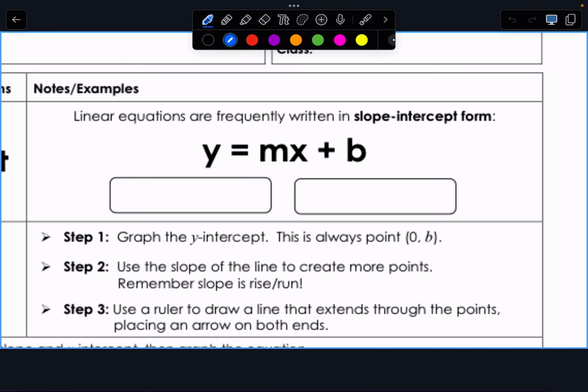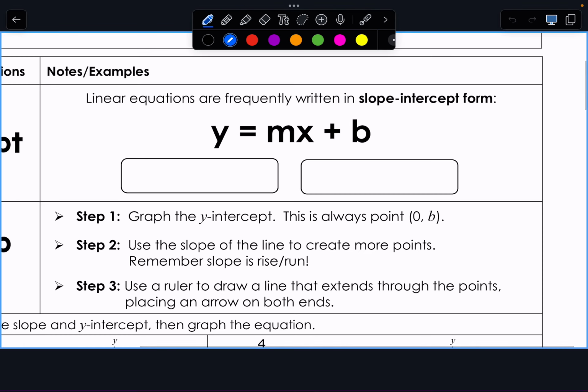Okay, so our goal today is to take an equation of a line and graph it. So there are two things that make a line unique that we need to pick out and graph, okay? The first, what does M stand for? M stands for slope. The slope of the line is important.